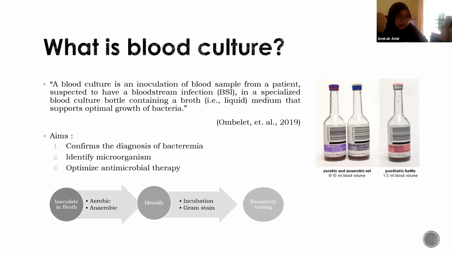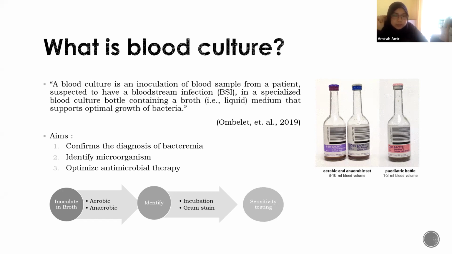So when it arrives in the lab, they would incubate this. During this incubation, once the incubator gives signal there is positive growth, they would proceed with the gram staining.